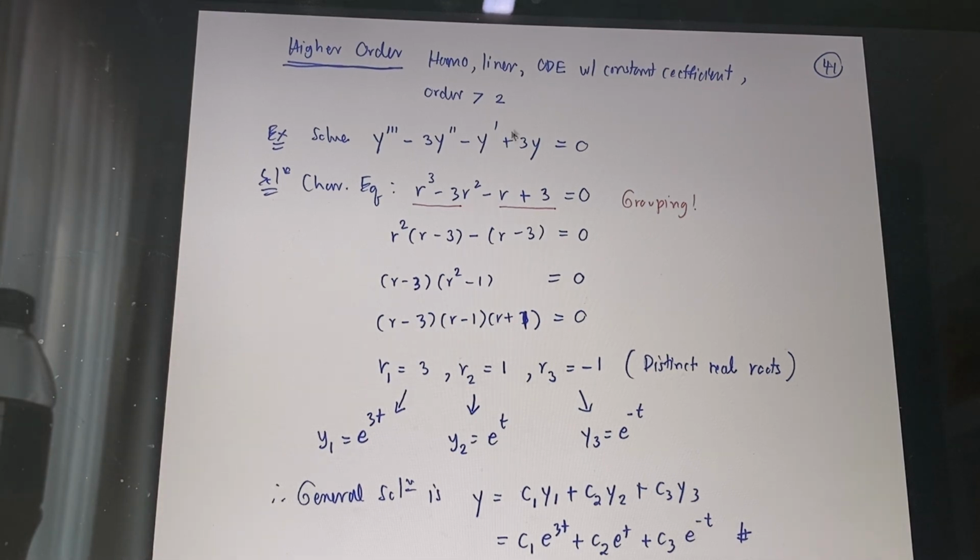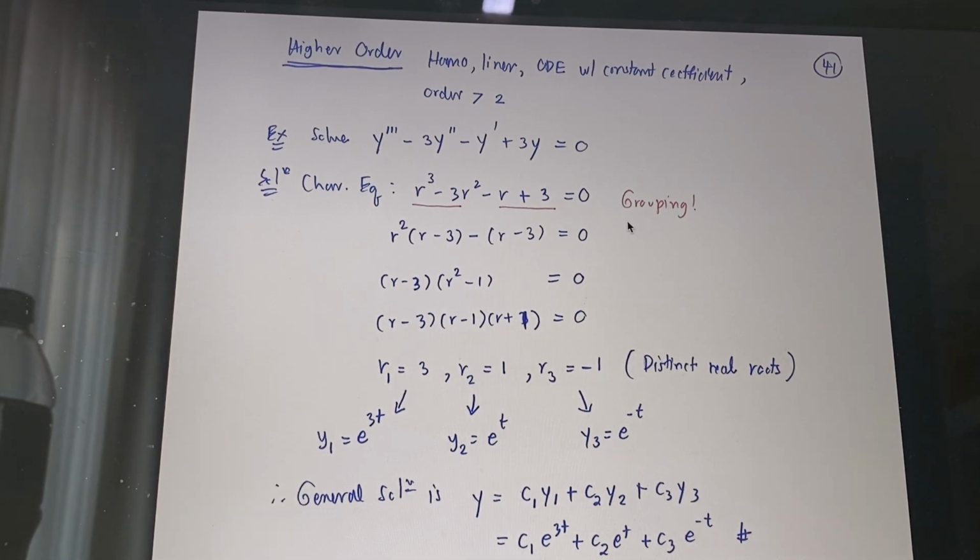So for here, the characteristic equation, for the third derivative, you're going to have r cubed minus 3 second derivative r squared minus 1 first derivative, so you have 1r, and plus 3 because we don't have any derivative here.